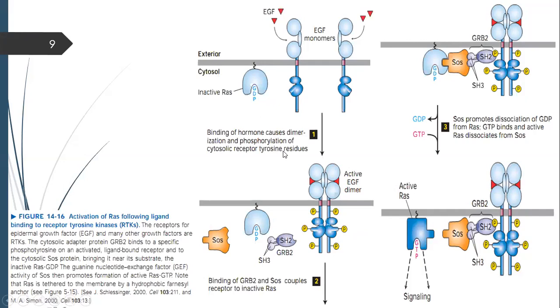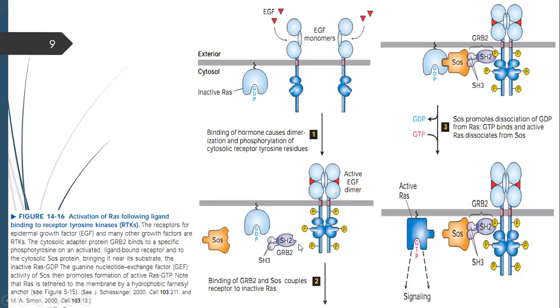When the ligand, the EGF, binds there, the receptors will dimerize, and after dimerization, the intrinsic activity of the receptor will be activated, and they will self-phosphorylate. After phosphorylation of the residues on the receptor, it will be activated.